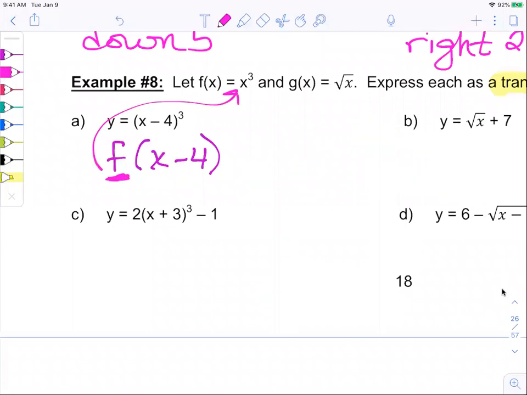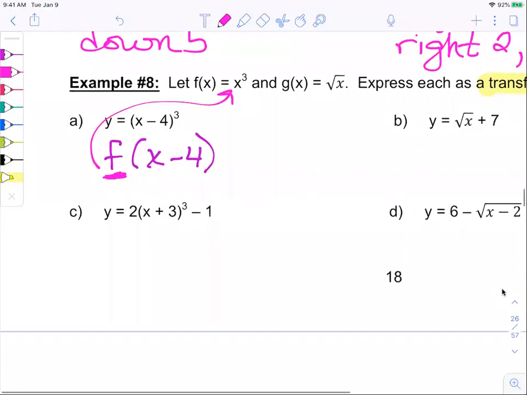So I have the equation, but now it's written in function notation. Questions? So using the function f implies that I have an equation that's cubed. This graph is still shifting right 4 units, whether it's in equation form or function form.